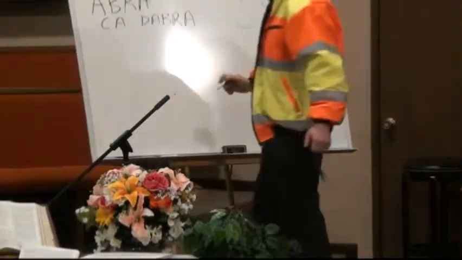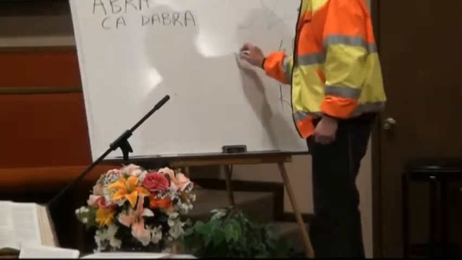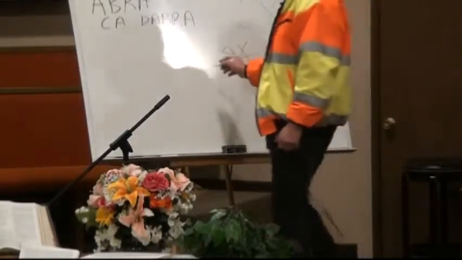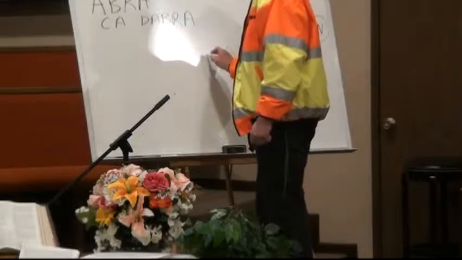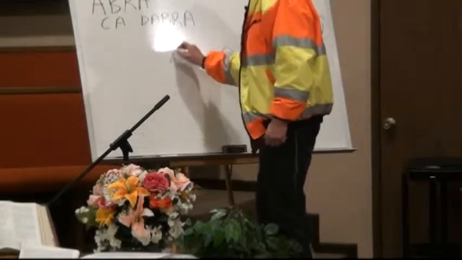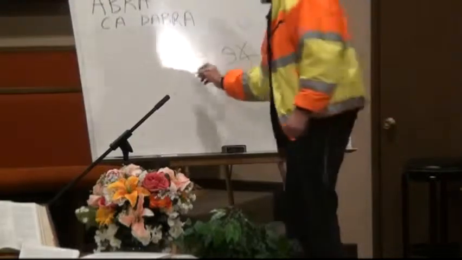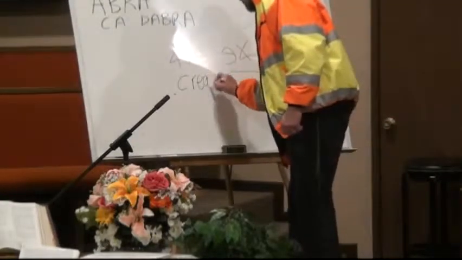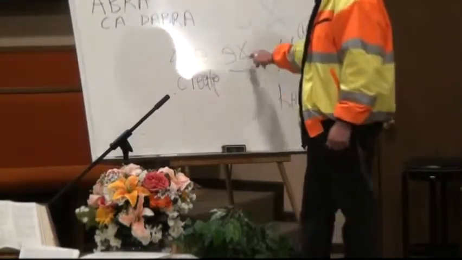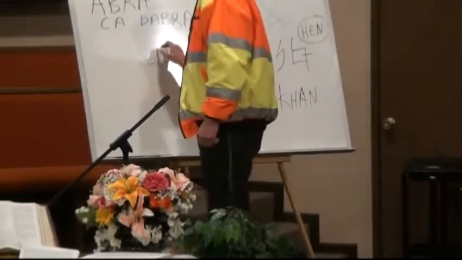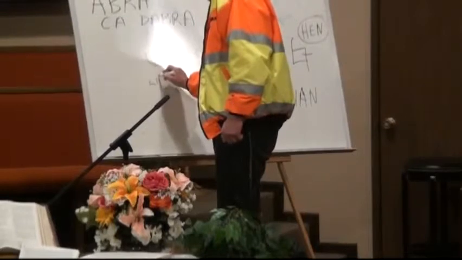How would you spell that in Hebrew? Abba, Father. Bara, Bereshit bara Elohim, in the beginning created Elohim. This is the word create, as in Genesis chapter 1, verse 1. Bara. Ka, the letter kaf means like, as a prefix.